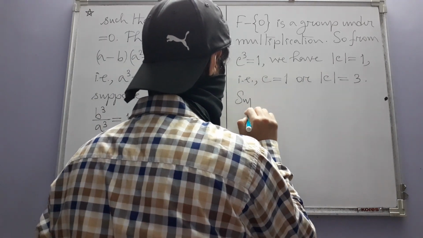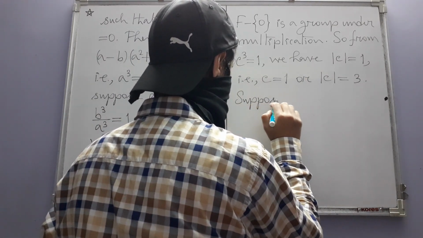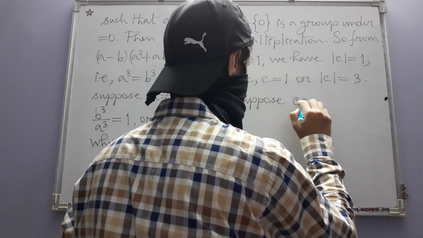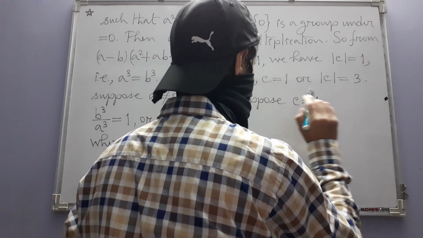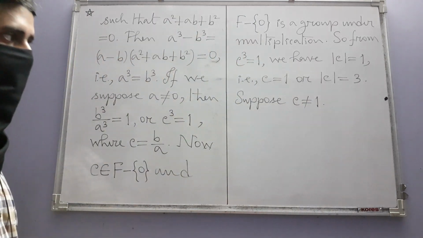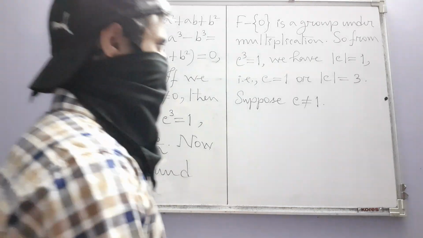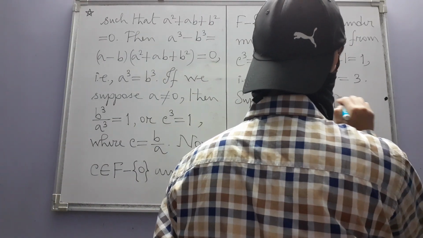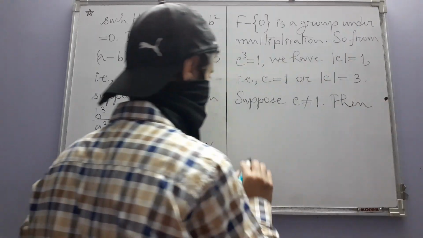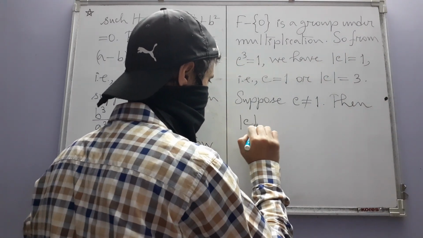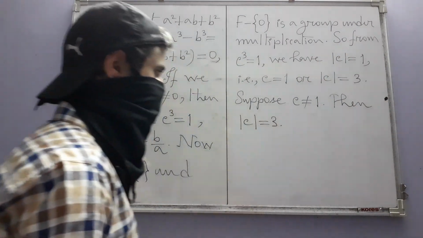Now suppose C is not equal to 1, that means C is not the unity in the field, then the order of C is equal to 3.